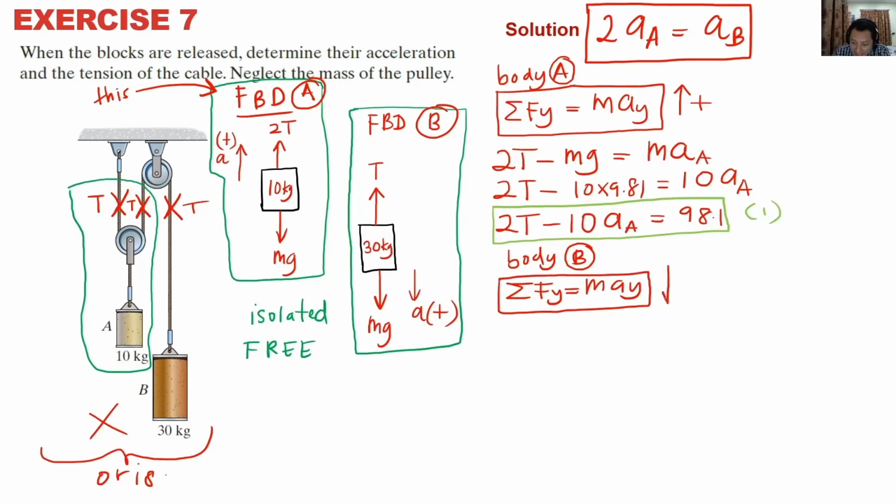So going down is positive. So this is dynamics. We solve the acceleration punya direction is positive. So going down positive. Ini susah sikit ah. You got to wrap around your brain that going down is positive.